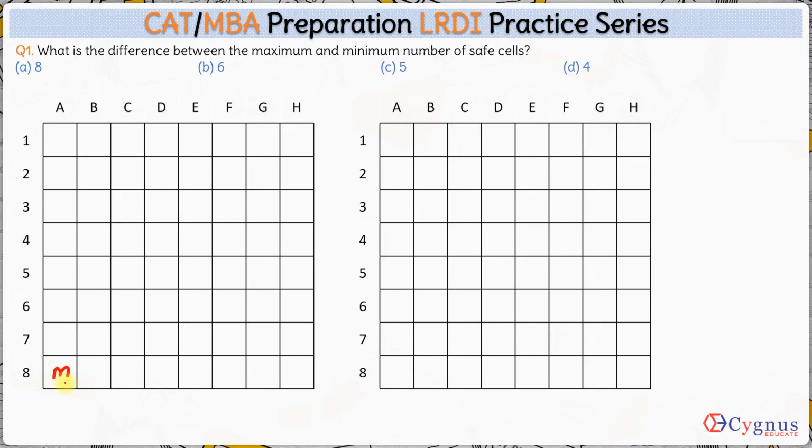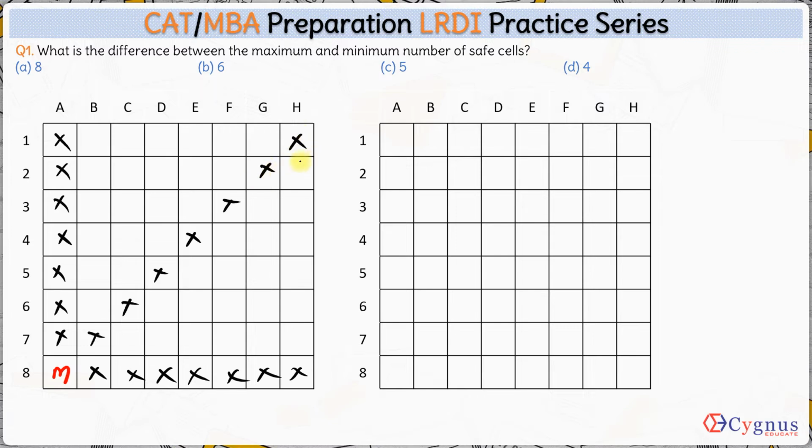So let's say this is the mine over here. If this is the mine, these cells are not safe cells. The cells with a cross mark are unsafe cells. This is in the same column, this is in the same row, and this is in the same diagonal.